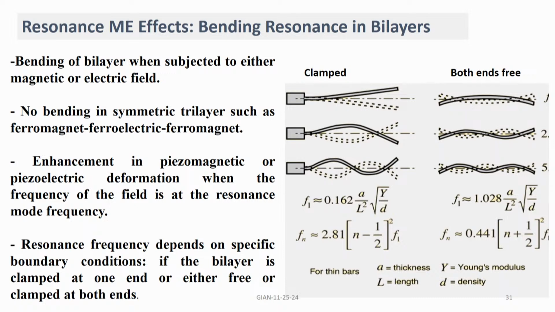The fundamental mode under clamping would be this mode here. If you look carefully, there is 0 amplitude at the left end where it is clamped, and maximum at the front end. That corresponds to lambda over 4 for the wave.